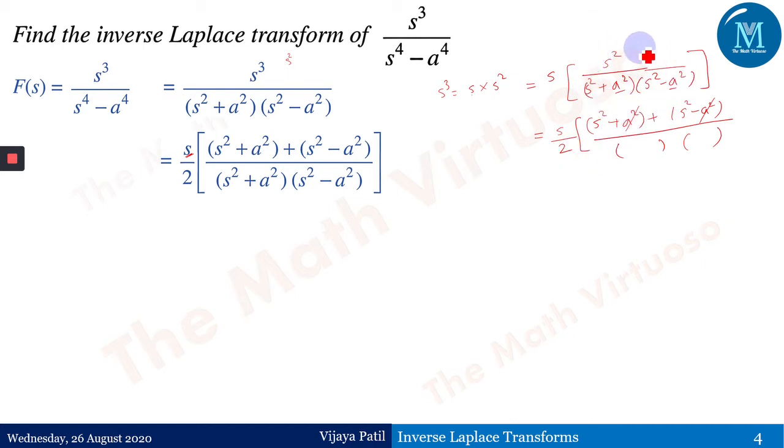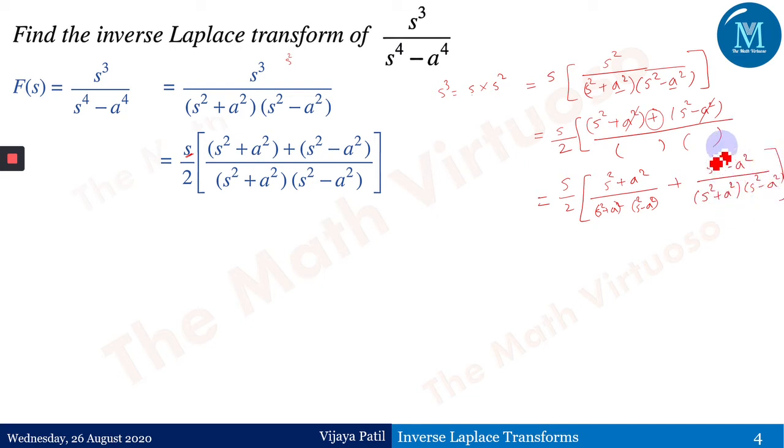So what is my desired one? This thing will not change. But if you observe these two brackets, if I wanted to separate this out, my next step is s by 2. What we have done is we have added it up. So s square plus a square upon these two brackets: out of that, s square plus a square is this bracket, s square minus a square is here, plus s square minus a square upon s square plus a square into s square minus a square.